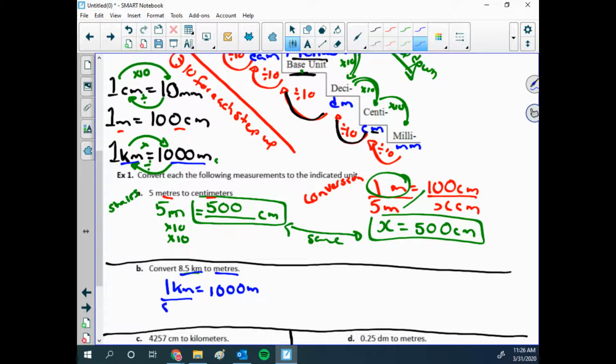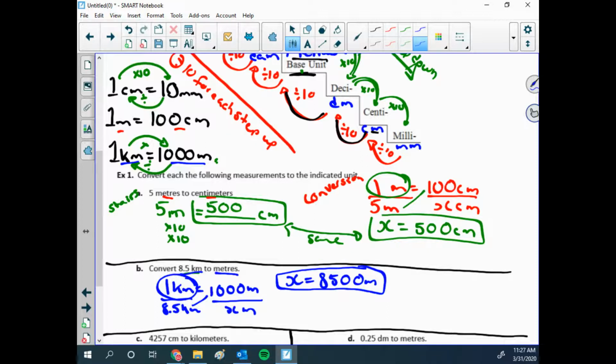And I know we have 8.5 kilometers. I want to know how many meters that is. So I would cross multiply and divide. So 8.5 times 1,000 divided by 1. So X would equal 8,500 meters. Again, it's important you make sure that your final answer includes your units. Okay.